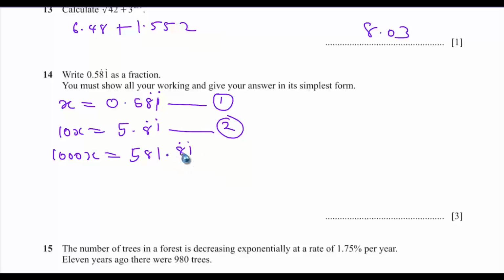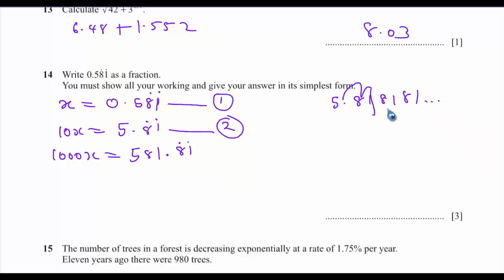Because the actual meaning of this is 5.818181 and so on. So even though we multiply by 100 and we have 581 here, the decimal point will shift by 1 and 2, it will shift here.